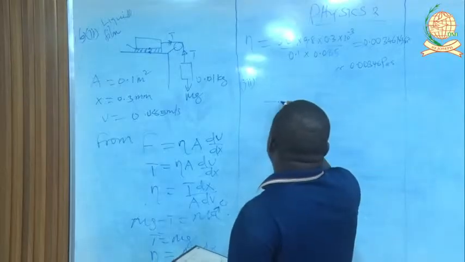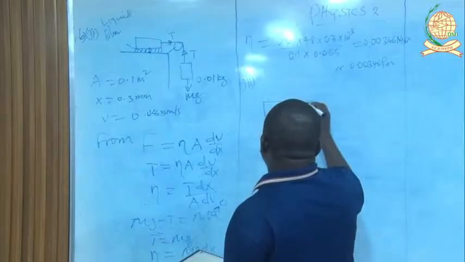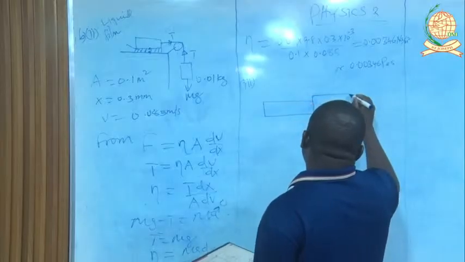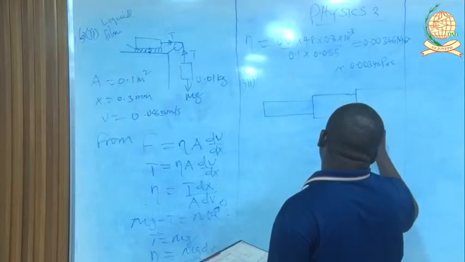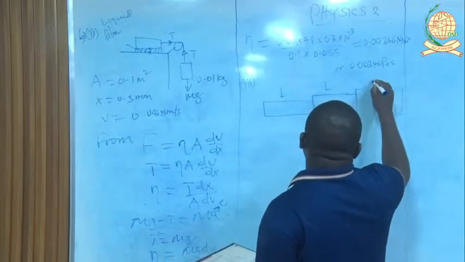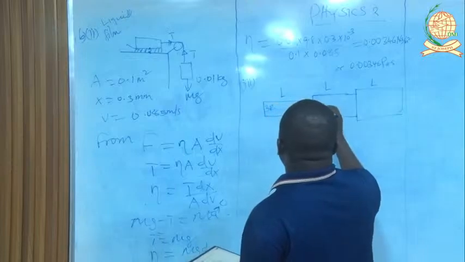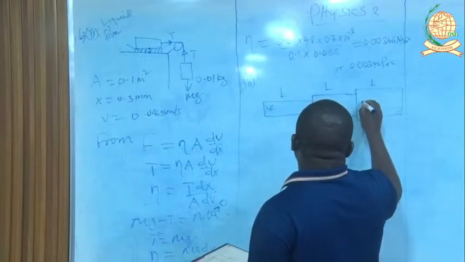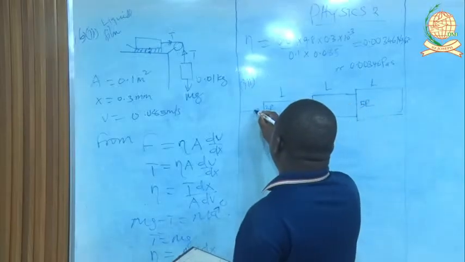First, we have 3 pipes of the same length. This is L, this is L, this is L. But this is having R radius, 4R radius, 5R radius. And the liquid is allowed to flow through them.